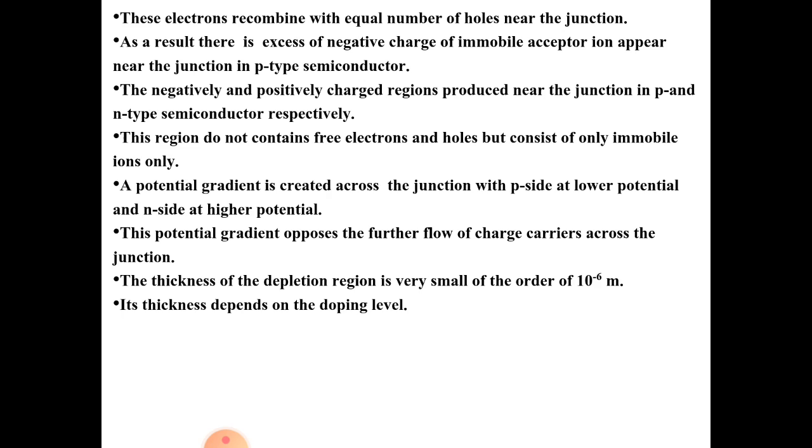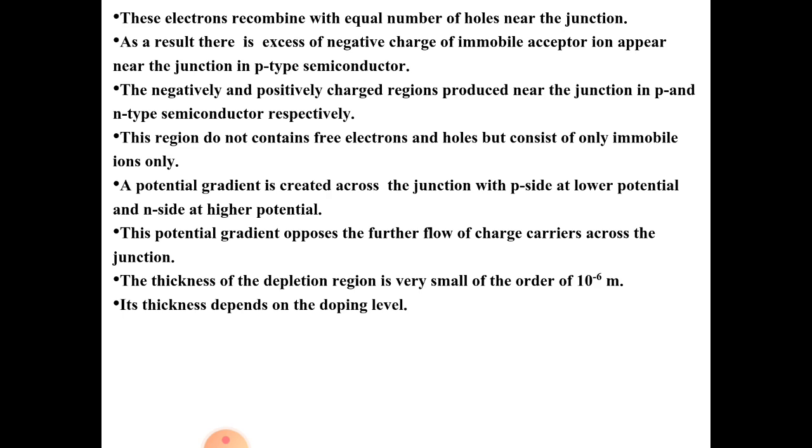As a result, an excess of negative charge of immobile acceptor ions appears near the junction in the P type semiconductor. This region does not contain free electrons and holes but consists of only immobile ions.